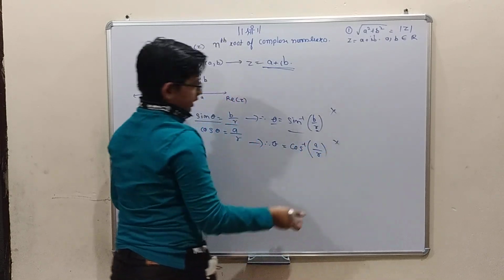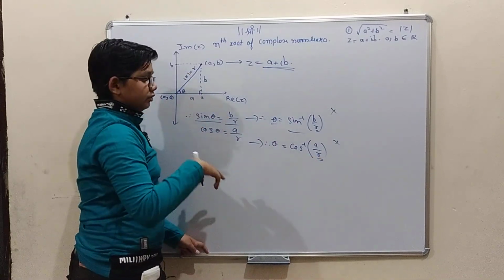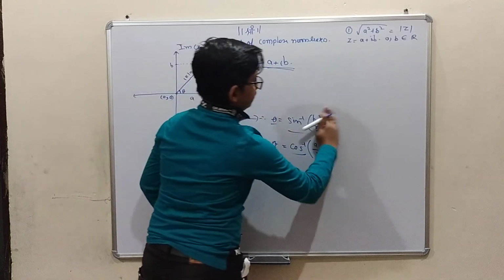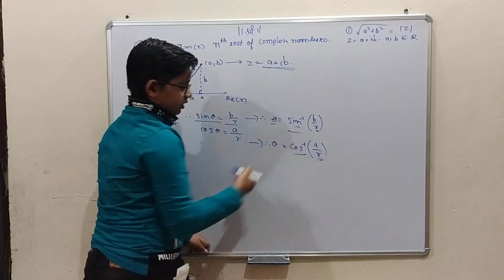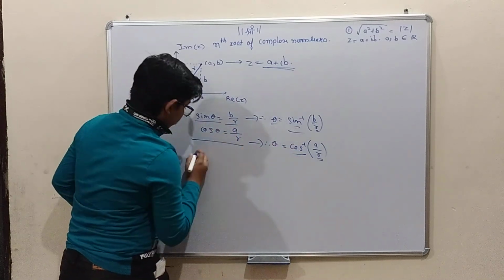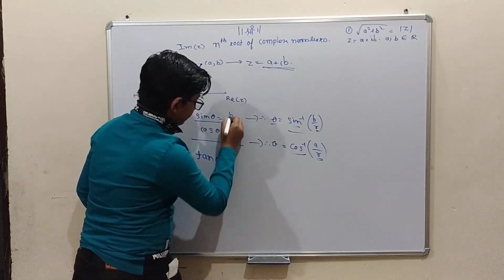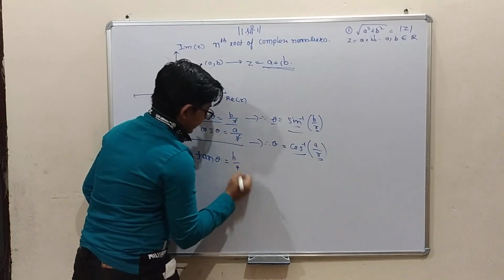Still it will not be correct, because first we have to find mod of z and then take cos inverse of it, which is a long procedure. So we must neglect these two formulas, that is sin inverse and cos inverse. So if we take the tan function, tan theta will be equal to b by r divided by a by r, the r's get cancelled, and it will be b by a.